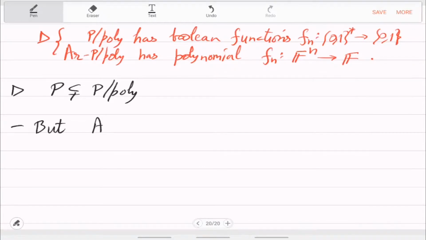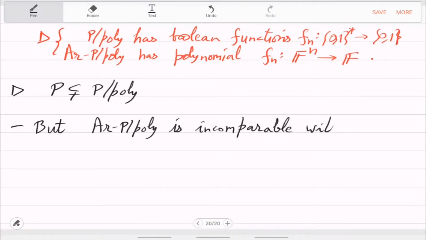but arithmetic P/poly is incomparable. It is incomparable with P, and it is also incomparable to P/poly. This arithmetic circuit is doing something very different.